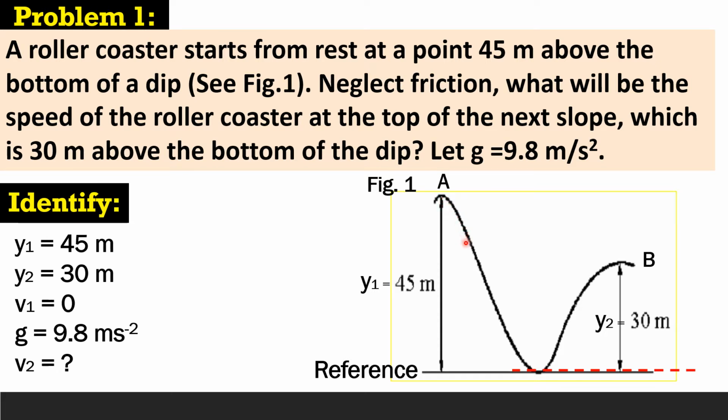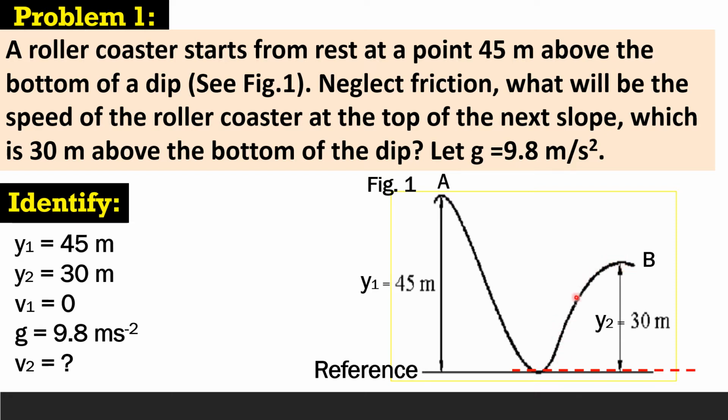In other words, this curved path is considered frictionless. It was stated that the roller coaster will be able to move up to the second slope, represented here by point B, and the problem is asking for the final speed of the roller coaster exactly at point B.